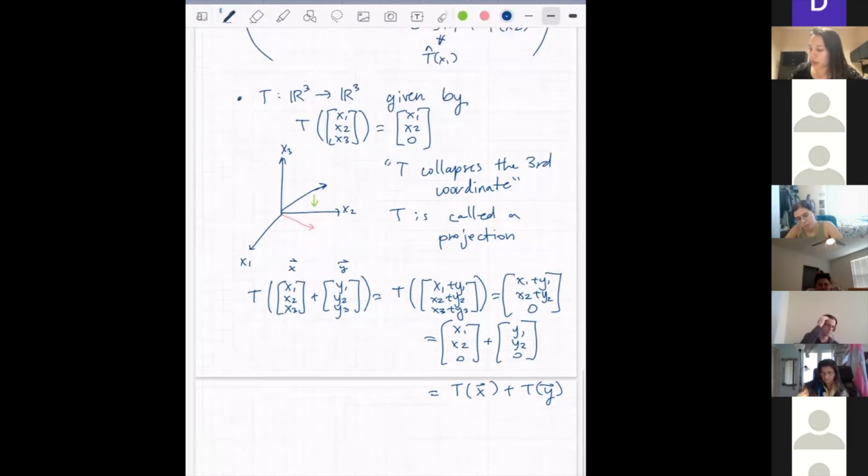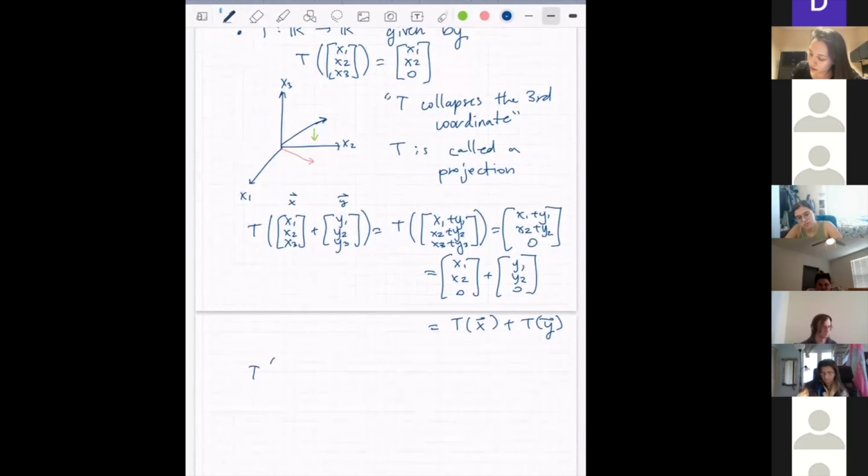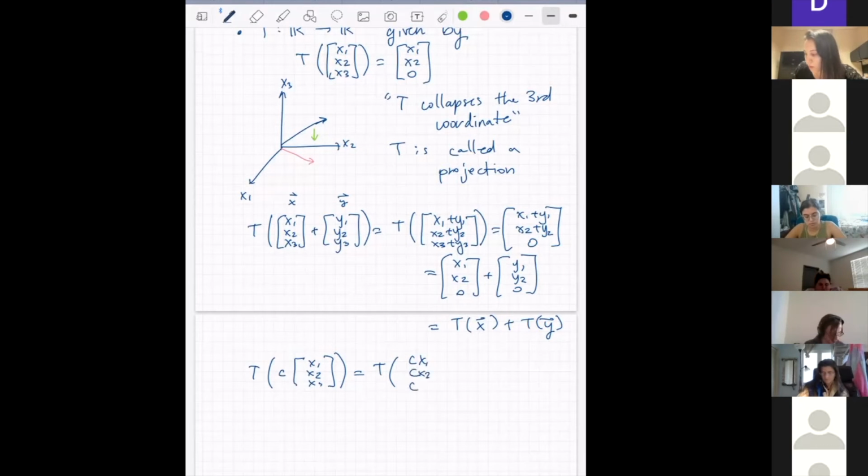The second property would be t of a constant times x1, x2, x3. I guess we'll finish this off, but hopefully this part is clear, right? We just apply t, which deletes the third coordinate. So we get cx1, cx2, 0.